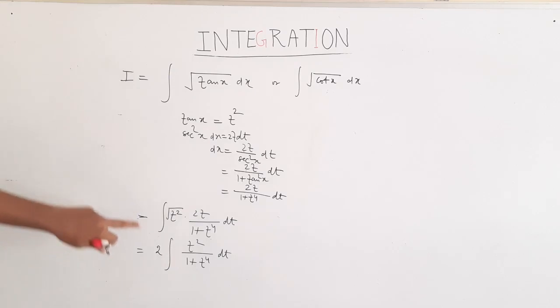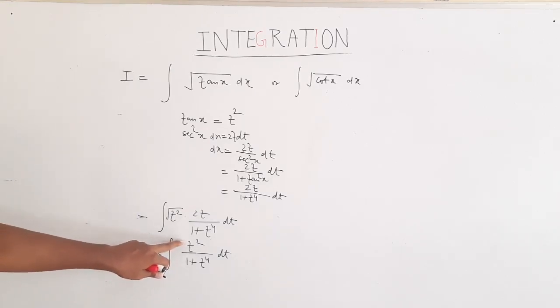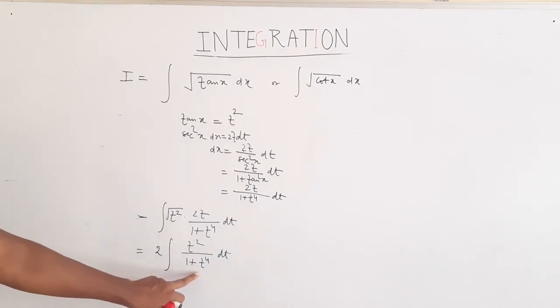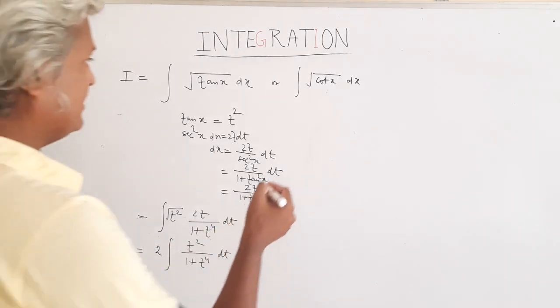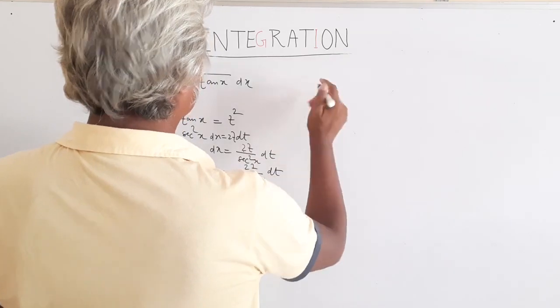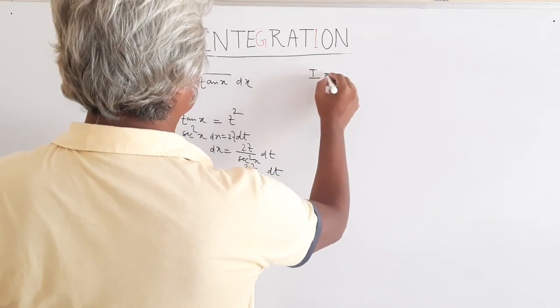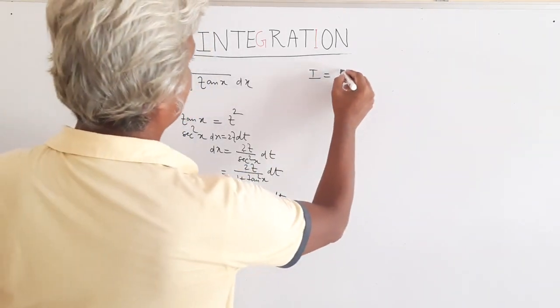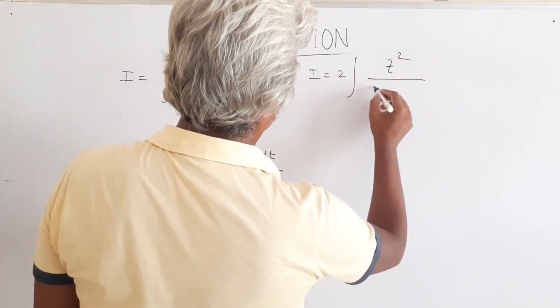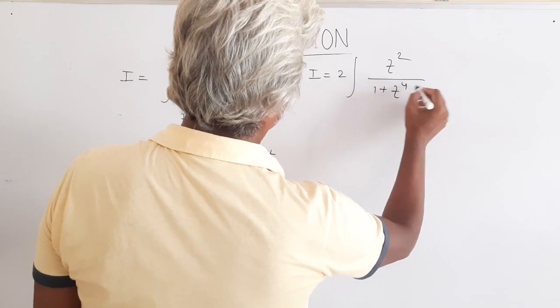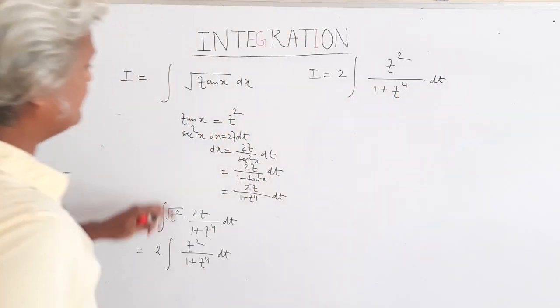So now again we are coming in the standard form, that is a quadratic expression in the denominator and a quadratic expression in the numerator. Now while solving, let me remove this part. So I write I equals 2 integral t square over 1 plus t to the power 4 dt. Now let me explain you again.